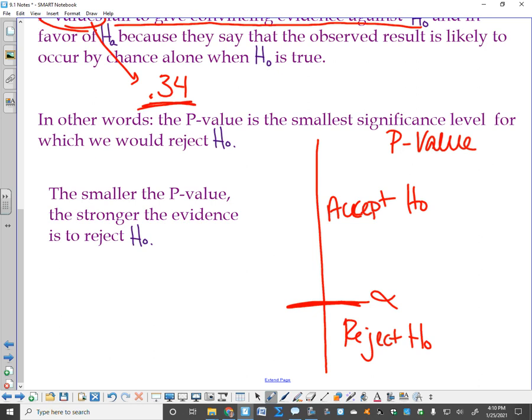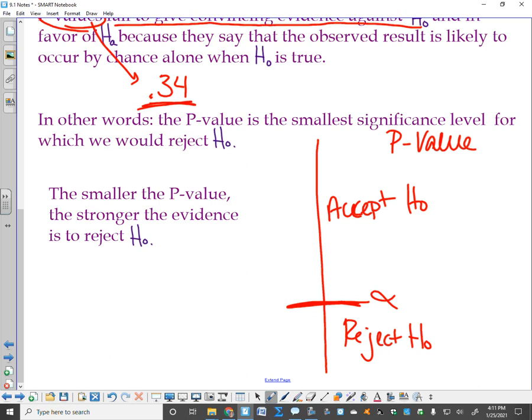Yes, that is the Jesus fish. So draw the Jesus fish. All right, the Jesus fish is a Greek symbol. It is lowercase a. It is called alpha. All right, so we have alpha.